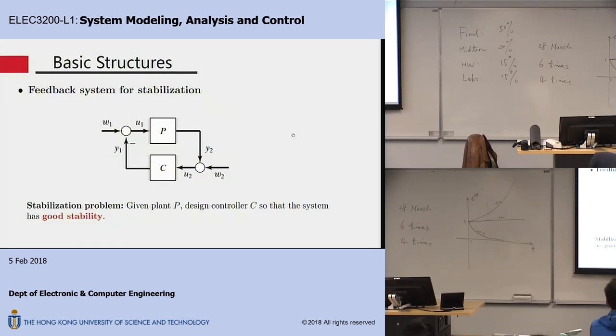Stabilization: given P, this plant, design C. Again, I want to emphasize that in this course, we look at single input, single output P, and we design a single input, single output C. And we just connect these together, forming a closed loop system.